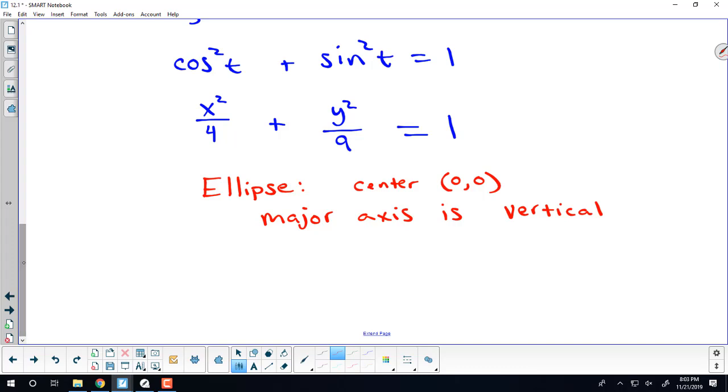So we've got just a quick sketch. The square roots of our denominator are the axis lengths. So our major axis has a length of 6. And our minor axis has a length 2. So that's basically the boundary of the ellipse.